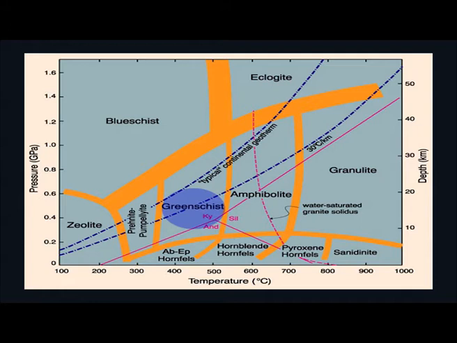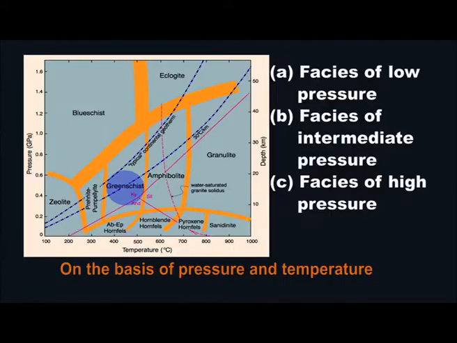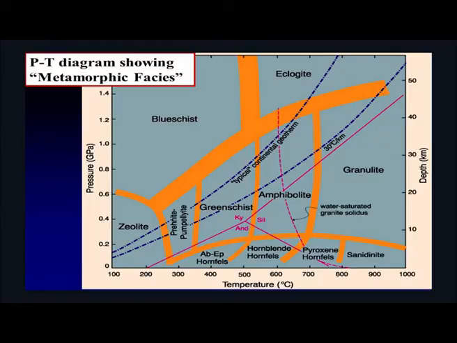On the basis of the pressure and temperature, we can divide the metamorphic facies into three types, mainly A. Facies of low pressure, B. Facies of intermediate pressure, and C. Facies of high pressure. The facies of low pressure are on your screen based on Turner 1968.